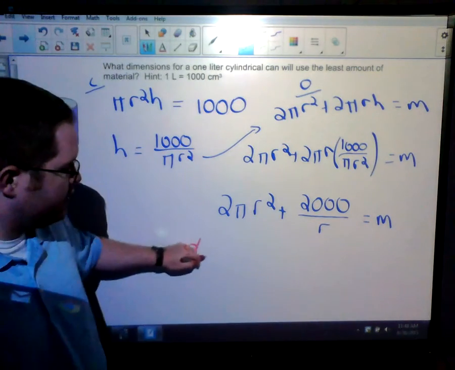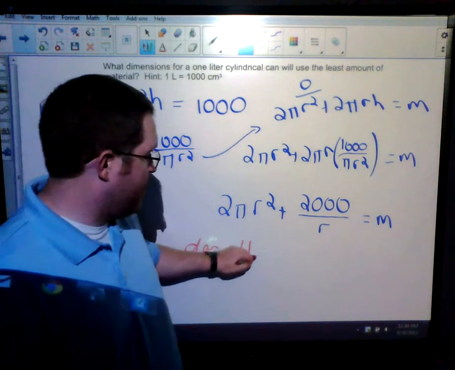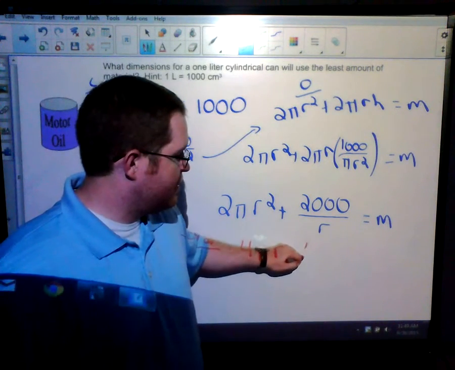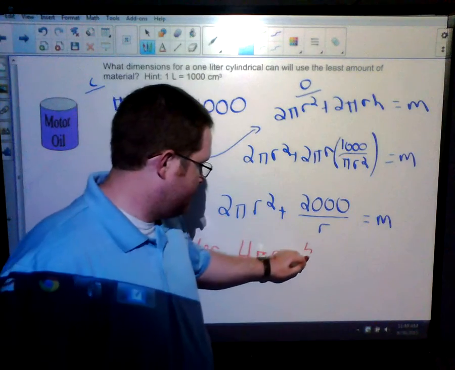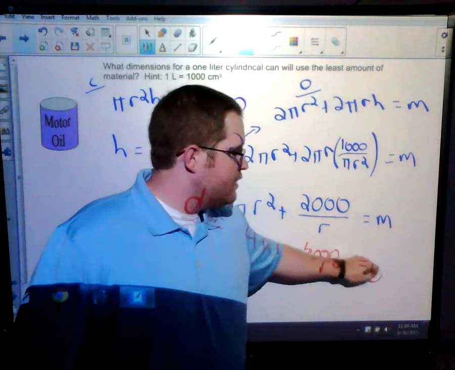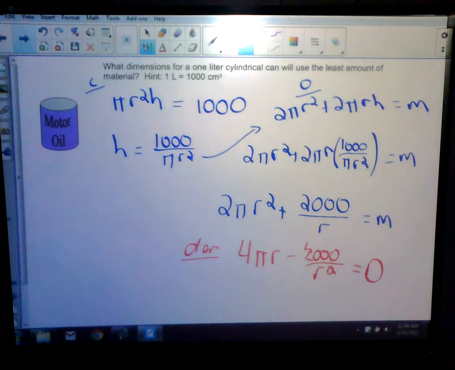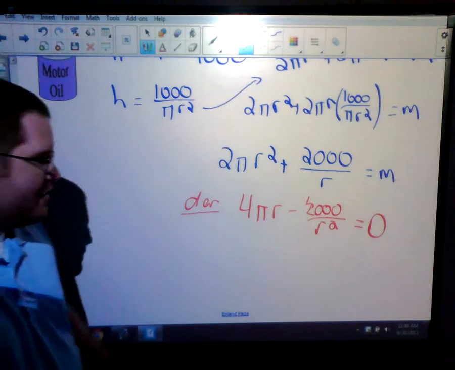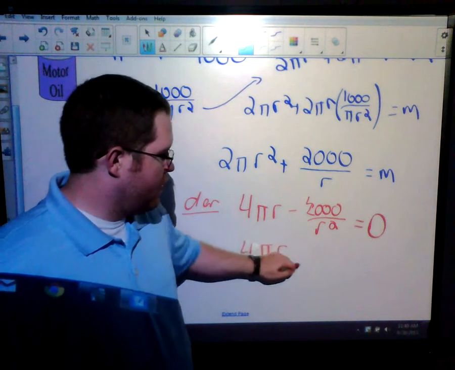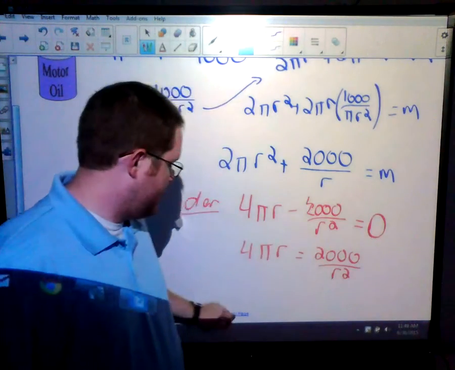Time to take the derivative of this thing. The derivative of this is 4 pi r minus 2,000 over r squared is equal to 0. If you don't believe me, take the derivative of it. How do I solve this? Well, 4 pi r equals positive 2,000 over r squared.